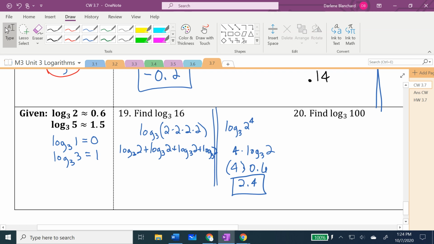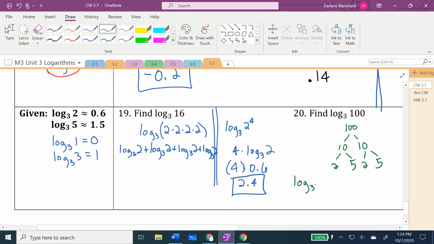Mm-hmm. So maybe what you start off with is realizing 100 is 10 times 10. And that means that what you actually have are 2 2s and 2 5s.